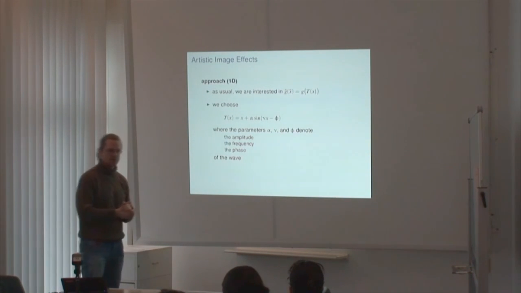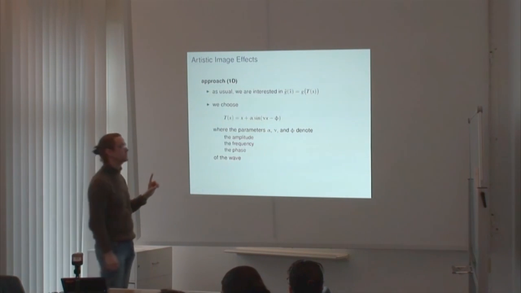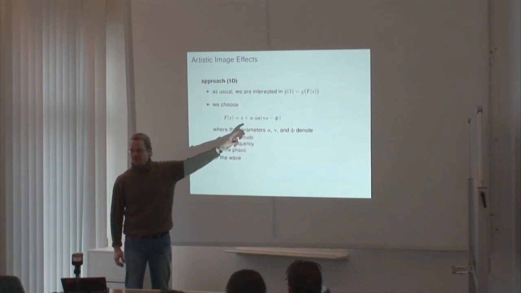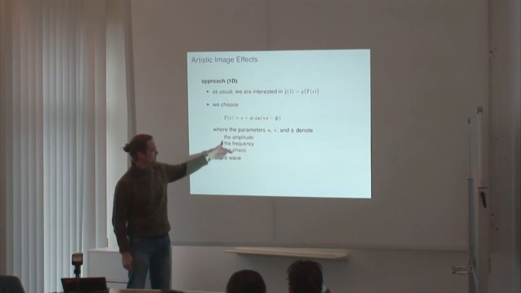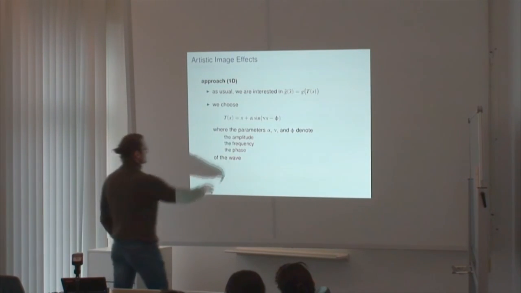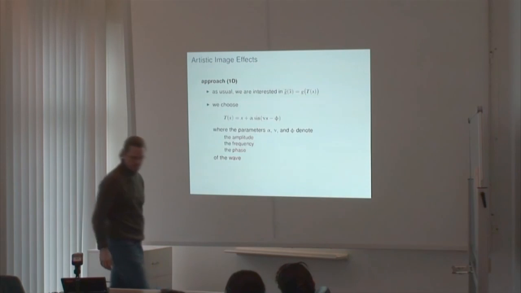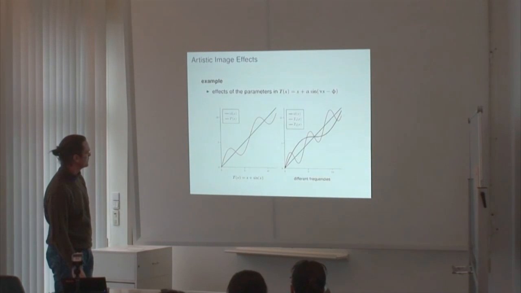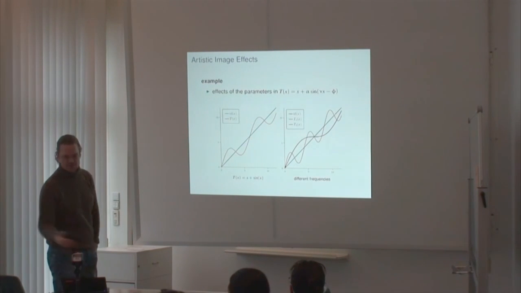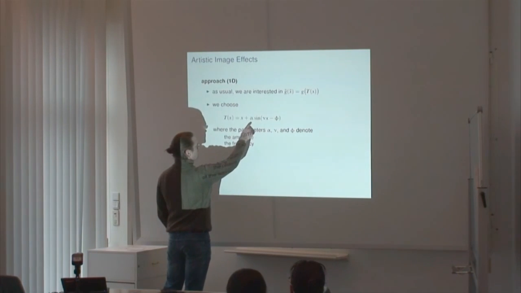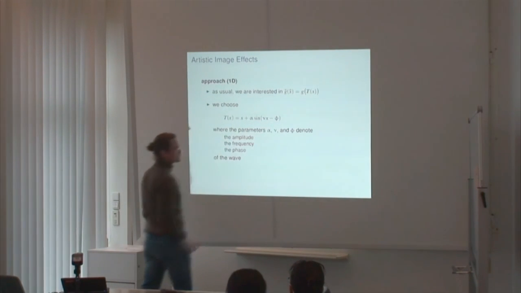And the good thing of having discussed Fourier transforms first is that this should not shock you anymore. We know about amplitudes, frequencies and phases, and we recognize this as a wave function. This is basically all I have to say here. This is just an illustration of the effects of these three parameters: amplitude, frequency, and phase.